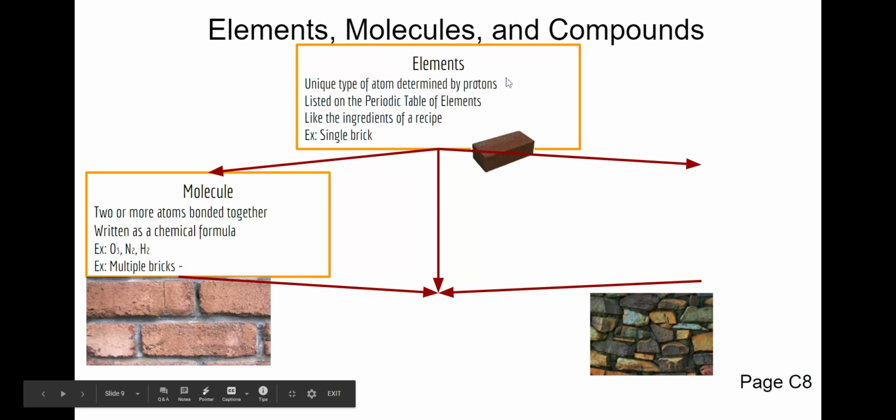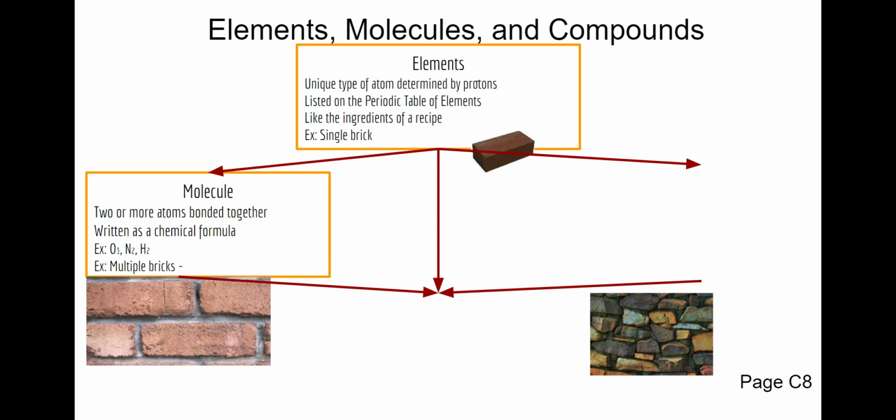So elements are unique in that they have a unique type of atom, and it's determined by the number of protons in the nucleus. All of them that have been discovered so far are listed on the periodic table of elements. The analogy I like to use is that it's like one of the ingredients for a recipe. So it could be the flour or the sugar or the butter.